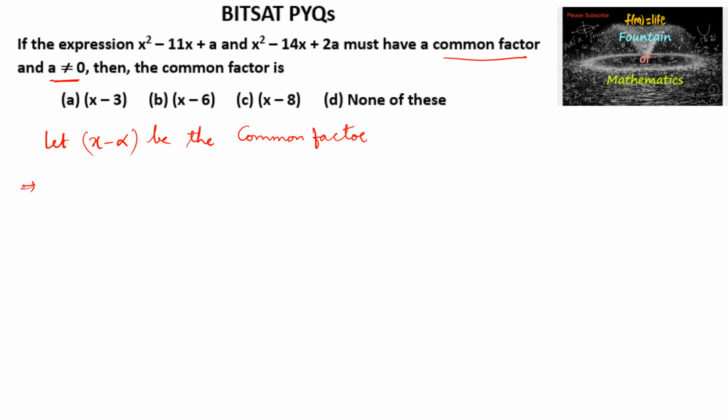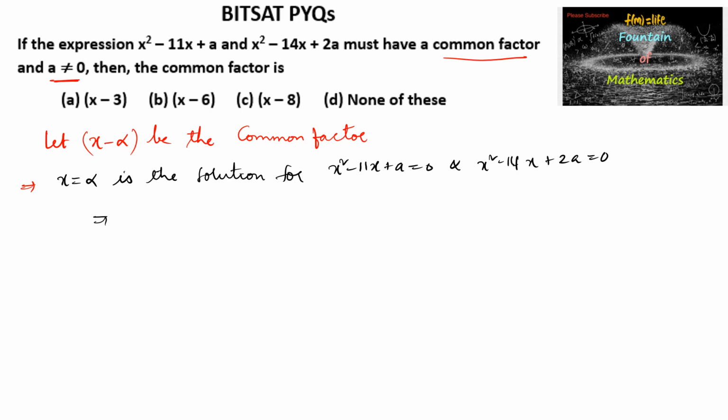Which implies x is equal to alpha will be the solution for both the equations, that is x square minus 11x plus a is equal to 0 and x square minus 14x plus 2a is equal to 0.